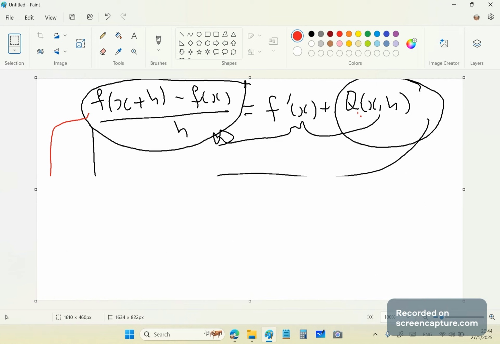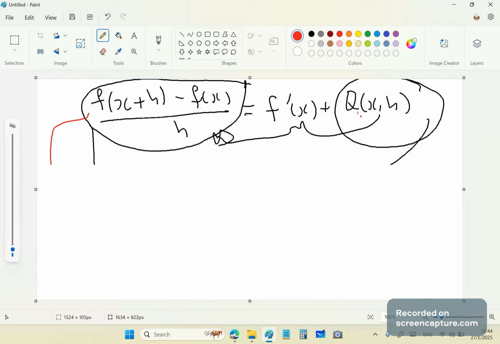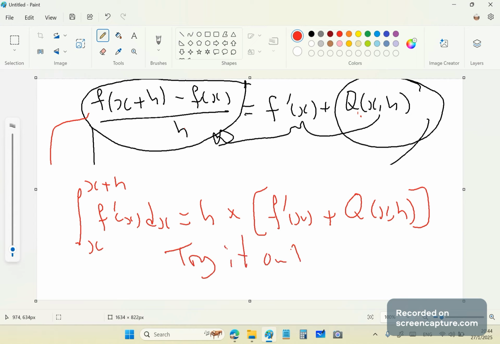And the new calculus isn't as messy, but still, you get very good results because your integral from x to x plus h of f prime of x dx is equal to h times f prime of x plus q of x h. You don't believe me? Try it out. Try it out.